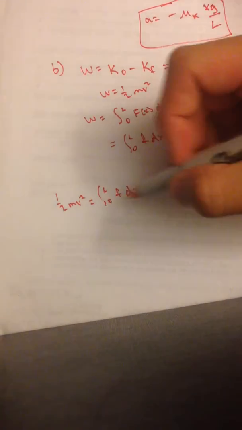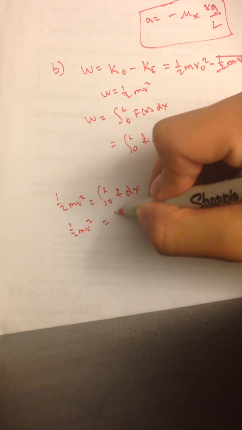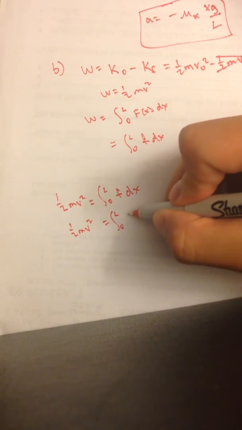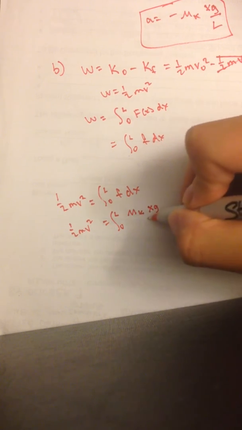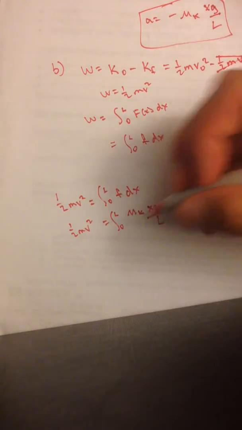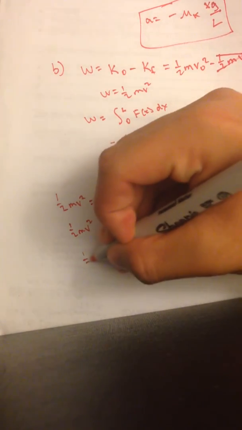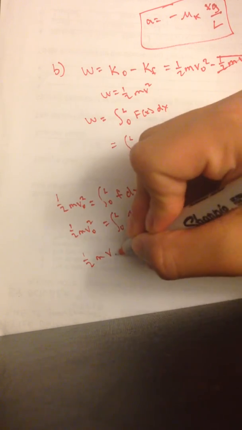From earlier in the problem, we learned that friction is mu times xg over L. Then we'll finish the integration.